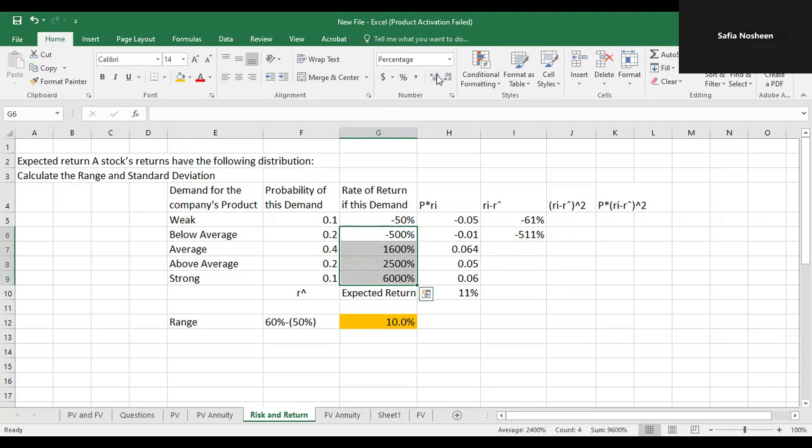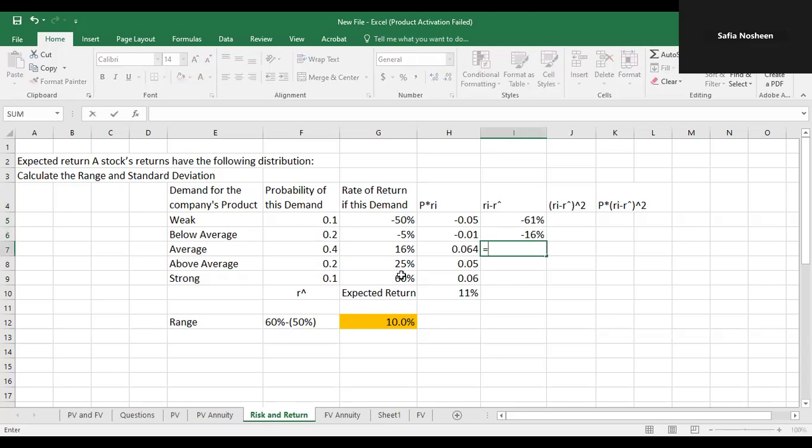The values are minus 50%, minus 5%, 16%, 25%, 60%. Next would be 16% minus 11%.